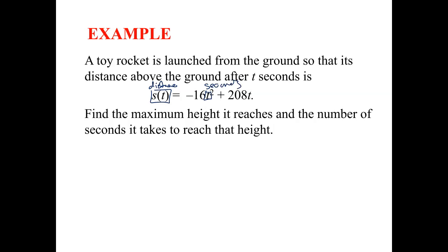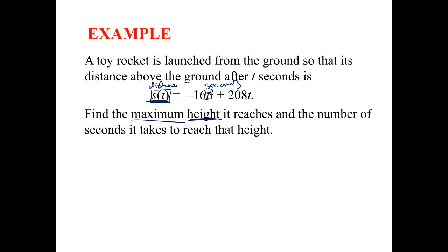Okay? Find the maximum height. That means I need to solve for S of t. And the number of seconds needs to solve for t. So I need both parts of the vertex. Maximum height will be the x or the y value of my vertex? It would be the y value.